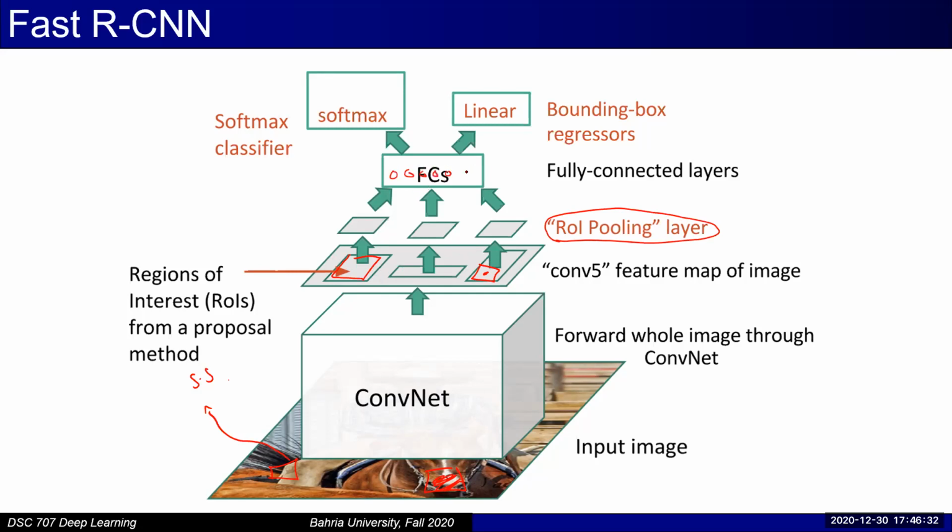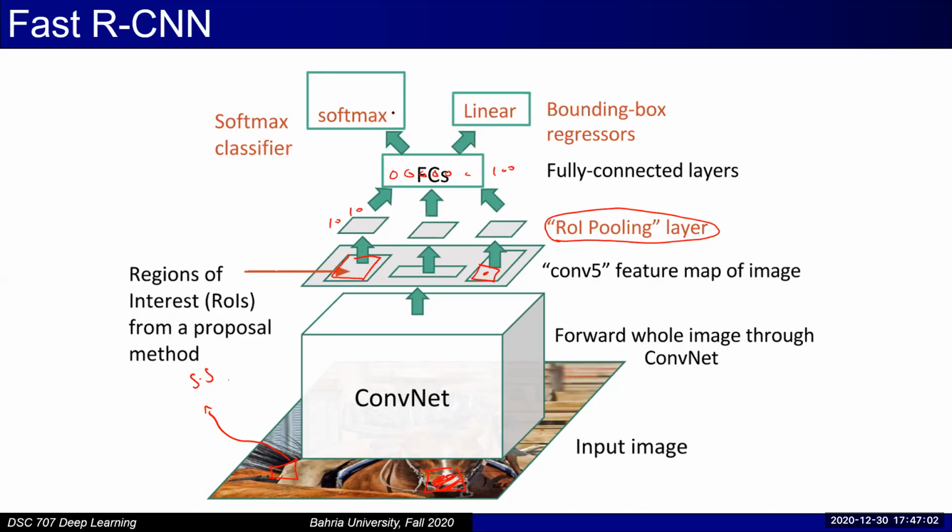Suppose you have 100 neurons, so everything should be of fixed size, but the region proposals are of different sizes. So this layer will convert all of these region proposals in a smart way to a fixed size, rather than reshaping them. It will do something else which I will explain later, so that all of these boxes are of a fixed size, say 10 by 10.